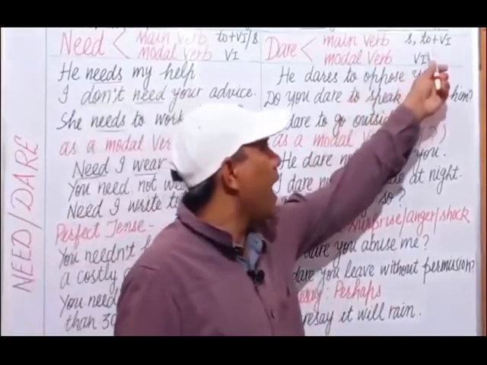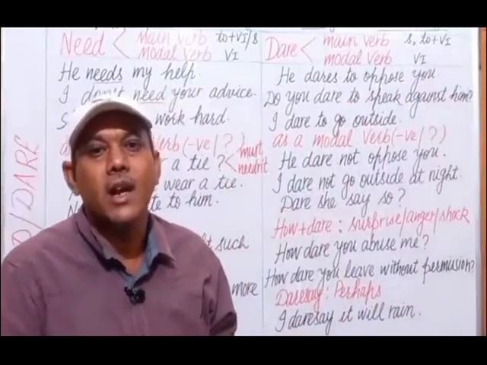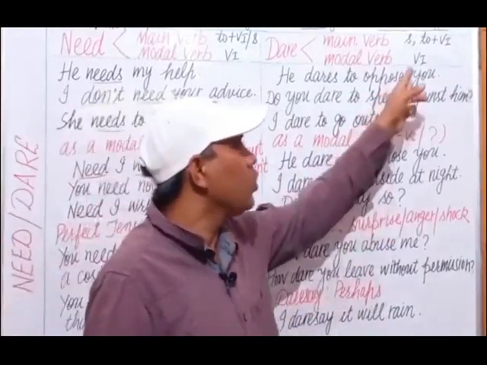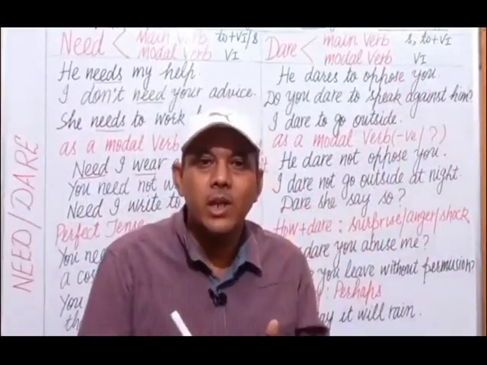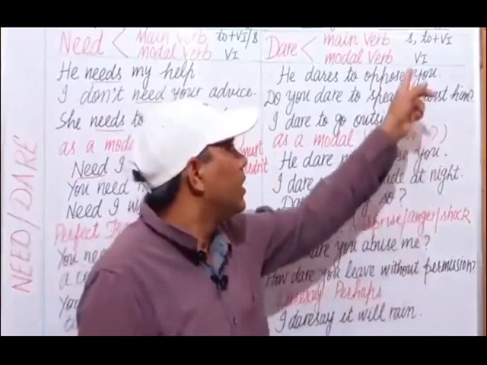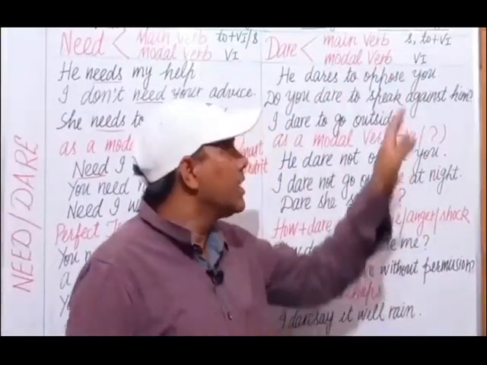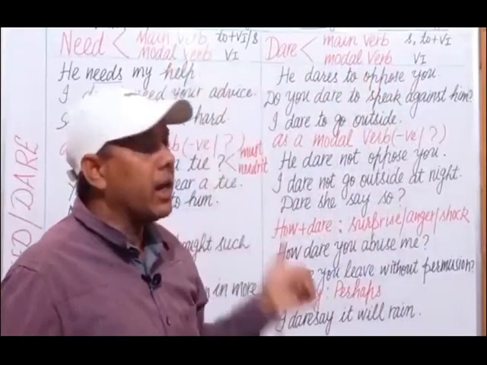If it is used as to infinitive, then also it is used as a main verb. But when it is used as a bare infinitive, as a helping verb to the main verb, then it is used as a modal verb. This is the same case as the case of need.